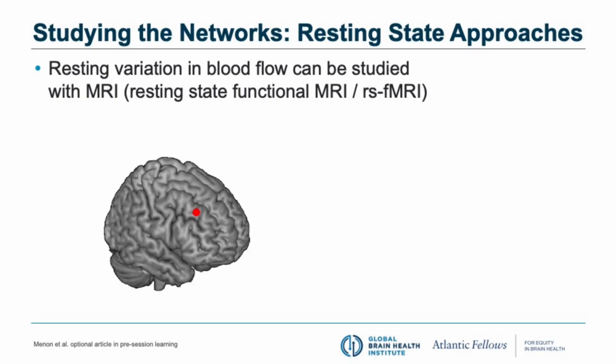There are slight differences across regions in the normal up and down rate of blood flow. And it turns out that regions that are part of a network, that are connected with each other, have more synchrony when their blood flow is going up and down, even if you're not doing anything, than regions that are not part of a network.